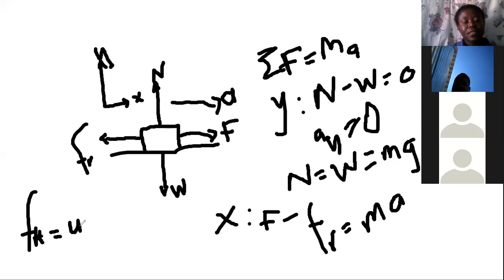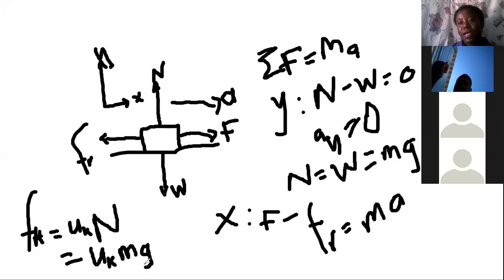The kinetic coefficient times the normal force. And our normal force is equal to the weight, which is the mass times the gravitational acceleration. So we have mu k times the mass times the gravitational acceleration.